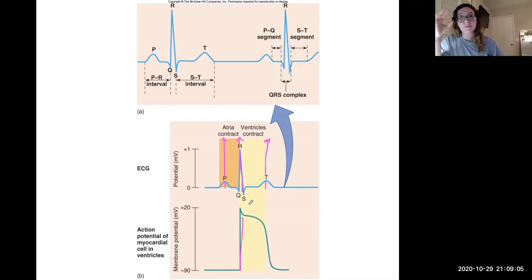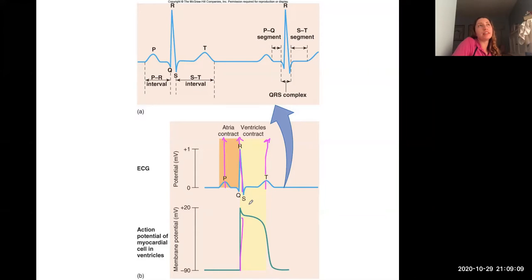I'm probably the only one, but the electrocardiogram is measuring the electrical impulse through the electrical conduction circuit. So when we talk about, how we talked about before, the SA node, the AV node, through the bundle of His, through the bundle branches to the Purkinje fibers.